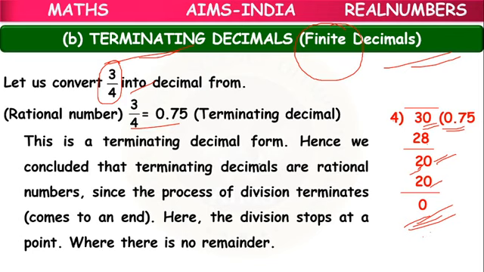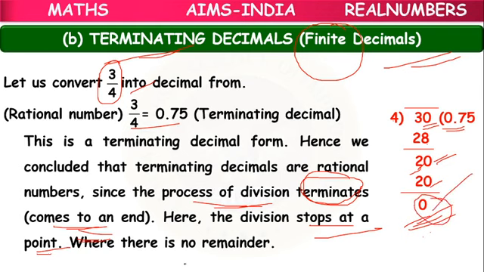So the process of division terminates, comes to an end, or stops at a point where there is no remainder, means the remainder is 0. These terminating decimals will have a finite or countable number of decimal places. This decimal expansion has terminated at 2 decimal places.